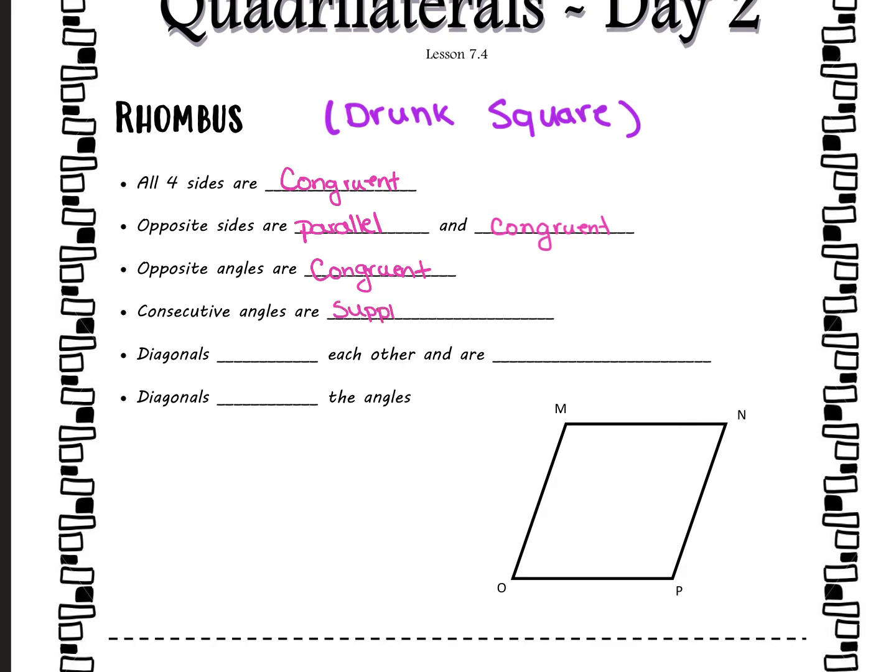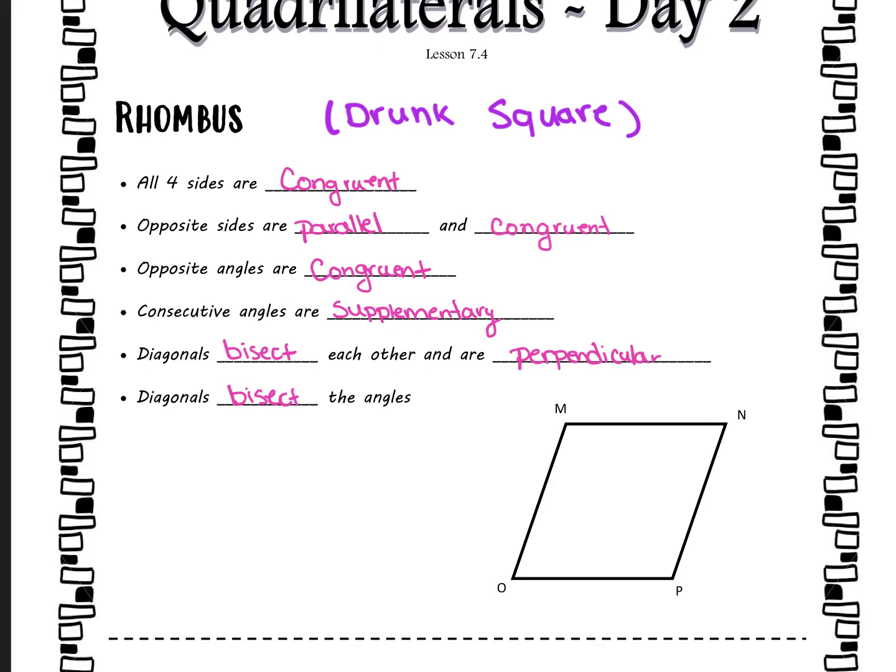This is kind of where it changes in comparison to a square. The diagonals are going to bisect, and when we talk about bisect, y'all, you should think instantly cuts in half. And they are going to be perpendicular. They bisect and they're perpendicular. And the diagonals bisect the angles as well.